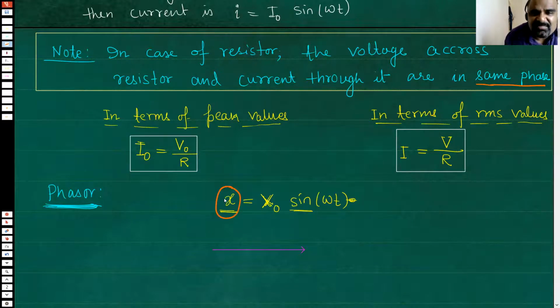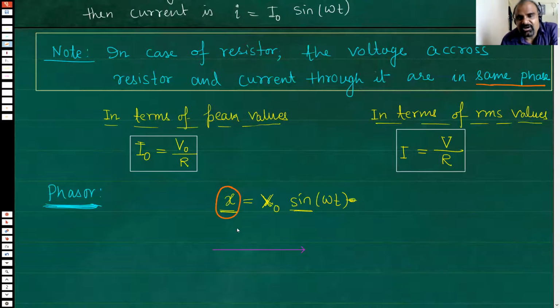It is just a number. How can we represent this number by an arrow? It is not making sense. Well, there is a lot of mathematics behind it. And in fact, that mathematics is not very difficult to explain, but I don't want to get into that because that will simply kill time, nothing else.